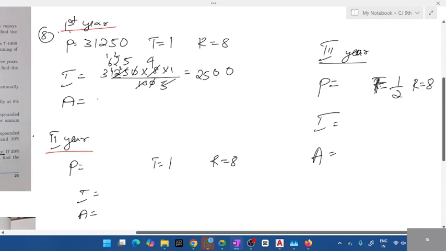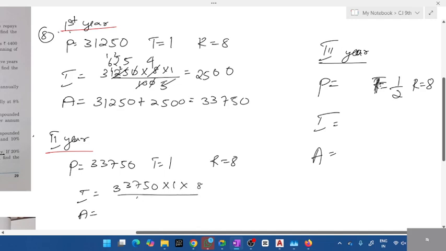Correct. 2500. Good. Amount? 33,750. Take that as principal. All of you got the same value? 33,750 into 1 into 8 divided by 100. Calculate amount. Okay, try. Complete this, students.